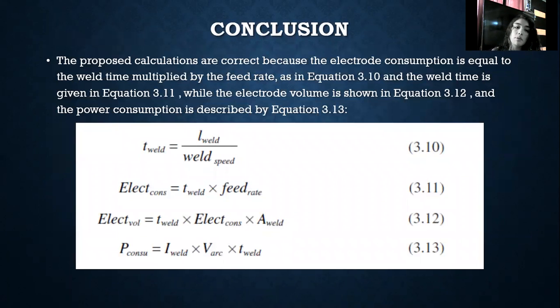The conclusion: the proposed calculations are correct because the electrode consumption is equal to the weld time multiplied by the feed rate, as in equation 3.10, and the weld time is given in equation 3.11, while the electrode volume is shown in equation 3.12, and the power consumption is described by equation 3.13.